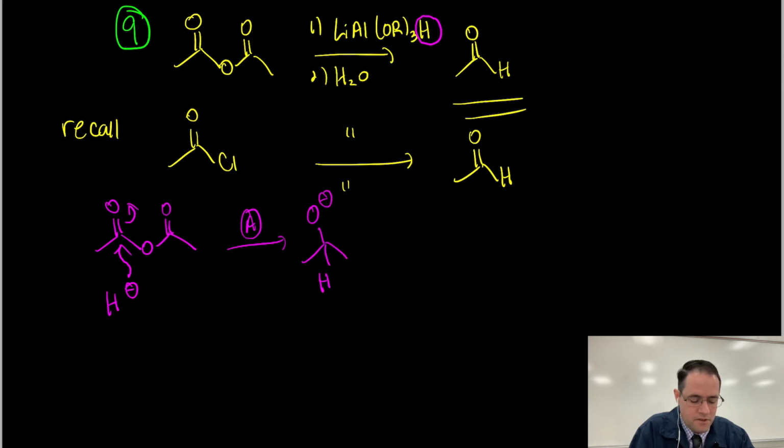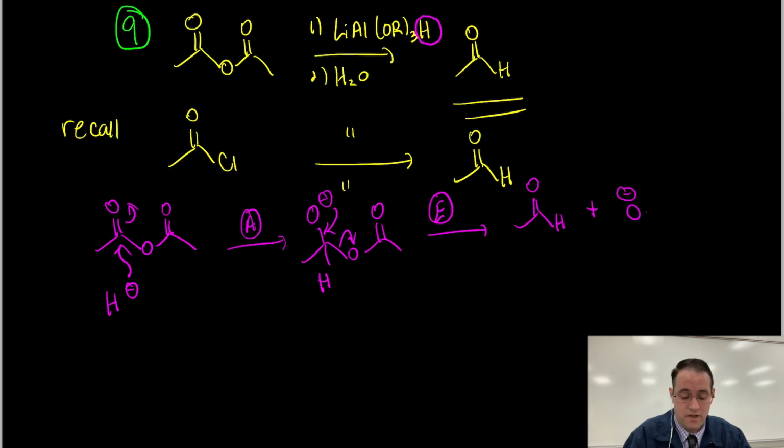You get the tetrahedral intermediate again. I believe you are beginning to see the pattern here, that we always collapse that by kicking off the leaving group. So that's E for elimination. Okay. And that's it. You've used your hydride. And we have just acetate floating around there. Okay. So it stops at this stage.